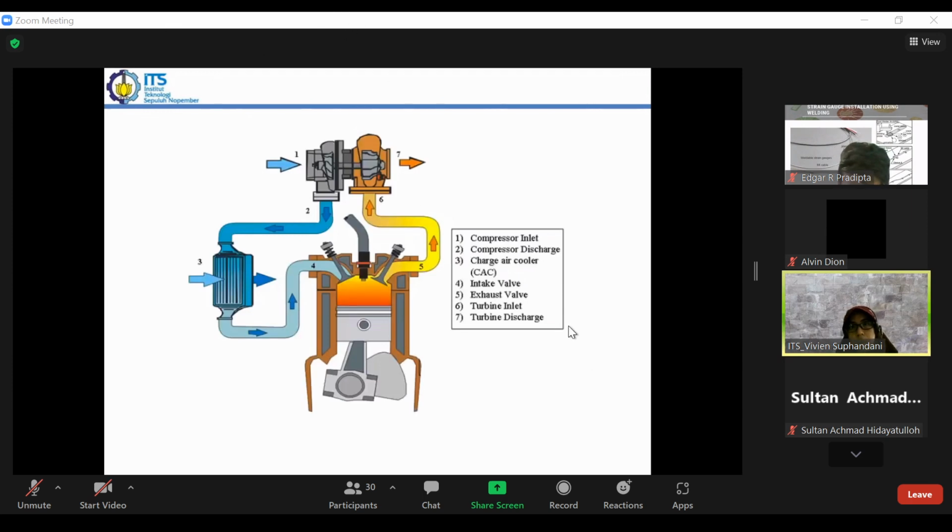So this is how it looks. When we use a turbocharger, we have a compressor inlet. This is a turbocharger, and this is the engine. We have the compressor inlet, then the compressor discharge, and then the charge air cooler.